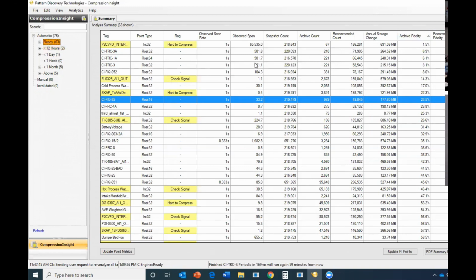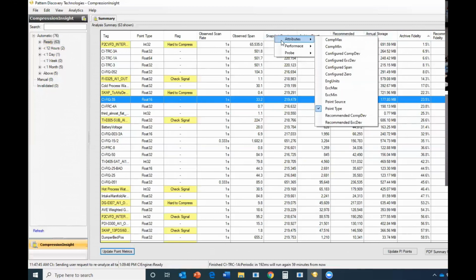What you're seeing here is the summary screen of all of the tags that are in this ready mode, ones that we've made the analysis on and they are ready for review. There's a number of ways that you can look at it. There's a whole bunch of information that we can present in the summary screen.